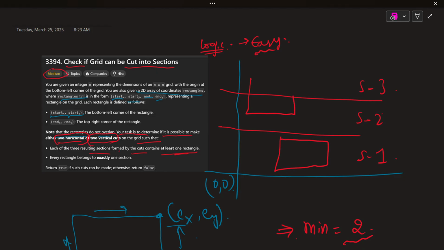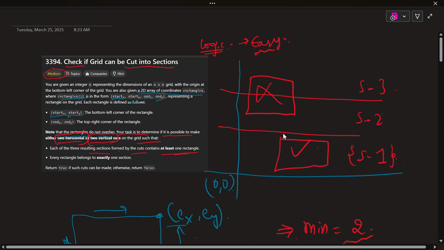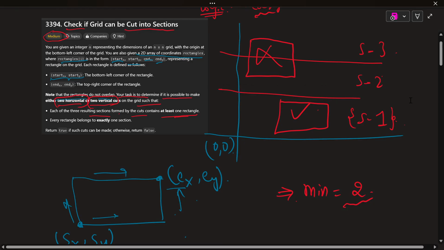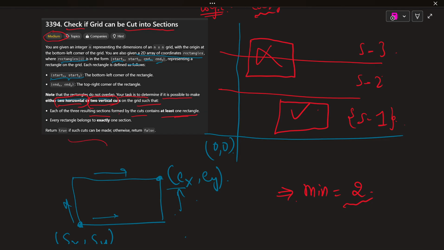No rectangle belongs to both sections. That is, each rectangle belongs to an individual section. If we are able to cut the rectangles in this form, then we return true. If it is not possible, we return false.